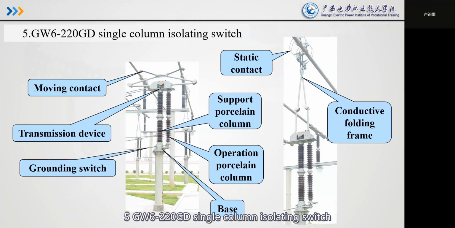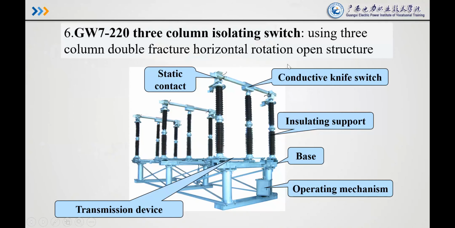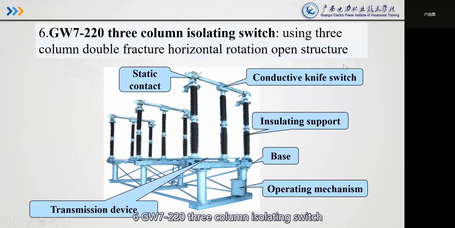GW6-220GD single column isolating switch. 6. GW7-220 3-column isolating switch using 3-column double feature horizontal rotation open structure.